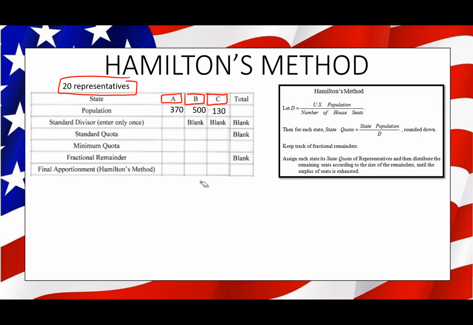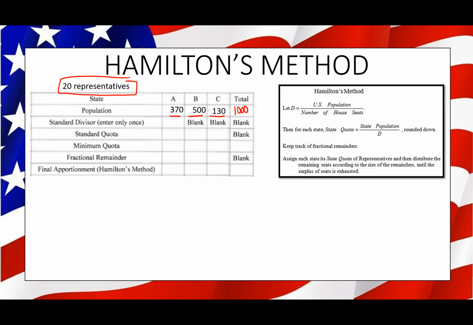And let's learn about Hamilton's method. First of all, we need to add up the population. So I need to do 370 plus 500 plus 130. So that gives me 1,000 people.